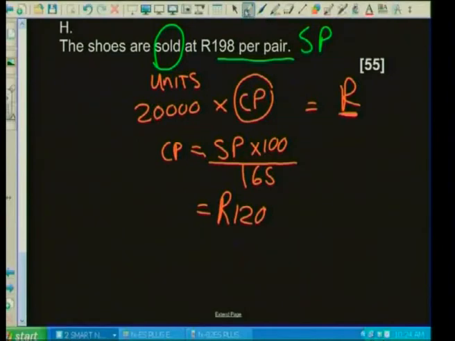Right, all I have to do now, my 20,000 units times my cost price of 120 Rand will give me my total cost of finished goods. So let's get our calculators out again. And on our calculator, all we're doing, guys, is taking 20,000 times your cost price.